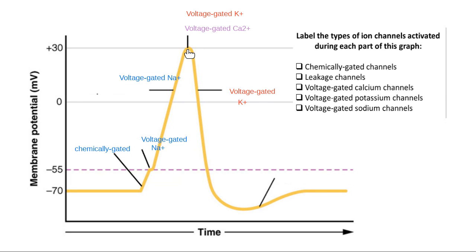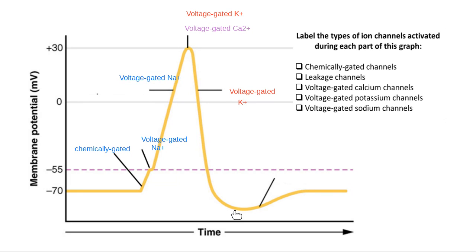Voltage-gated calcium channels also open at positive 30. When calcium comes in to the axon terminal, neurotransmitters spit out. So I talk to my neighbor when my membrane charge gets to positive 30. But again, I don't want to stay at positive 30. I want to get back down to normal. Voltage-gated potassium channels get me back down to normal.